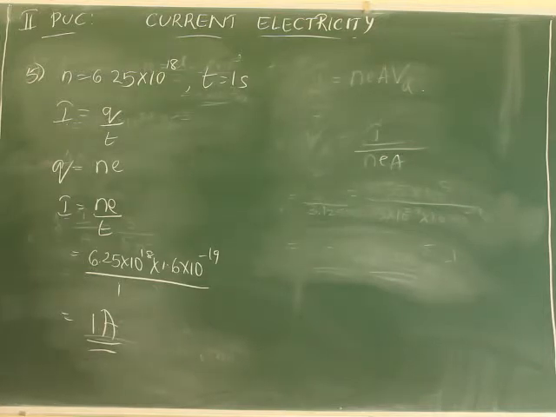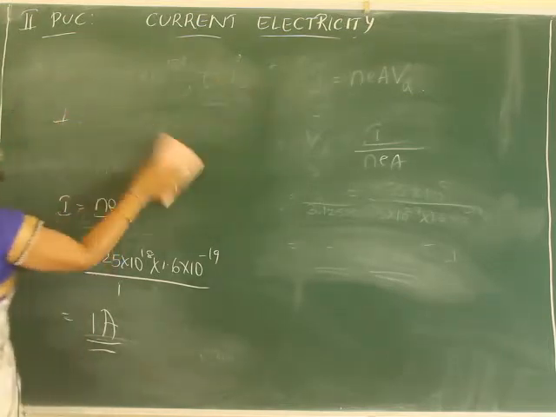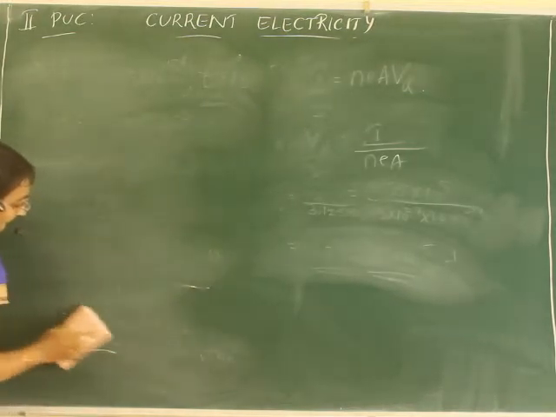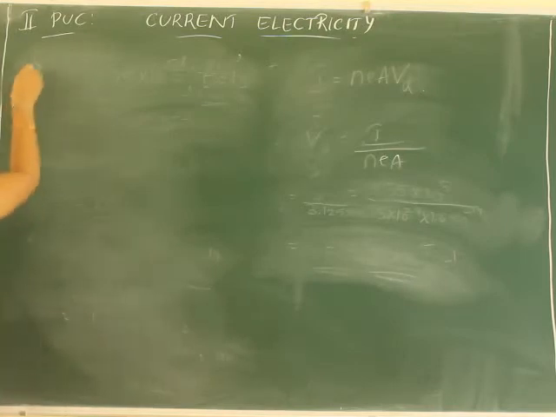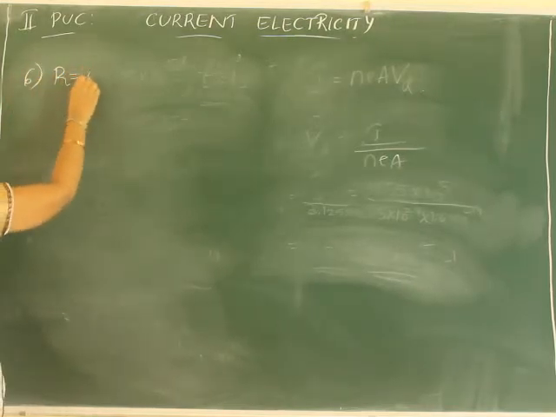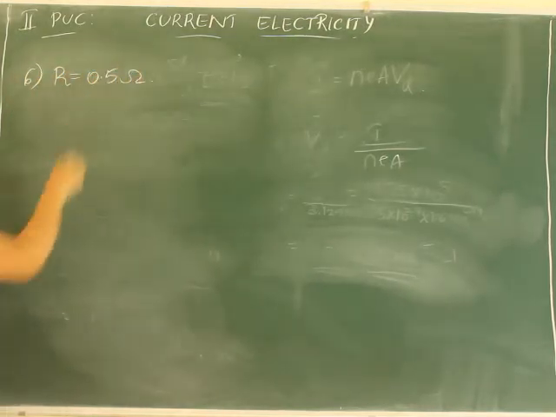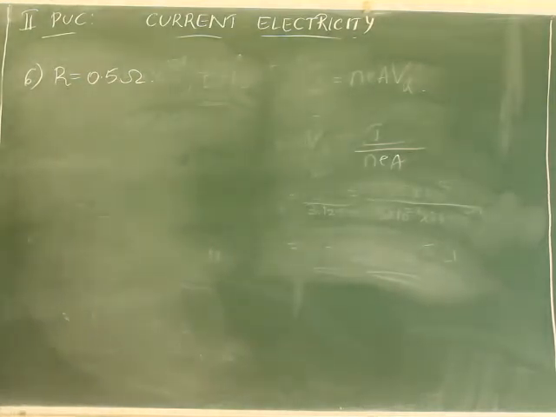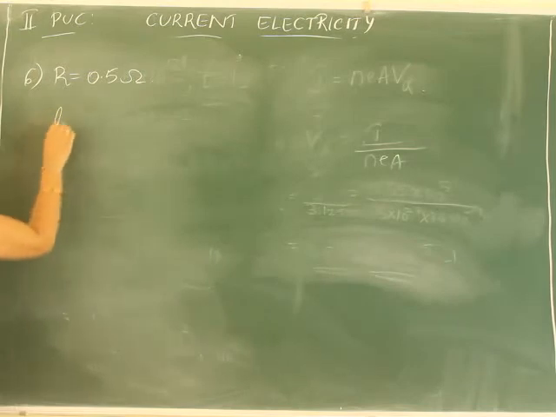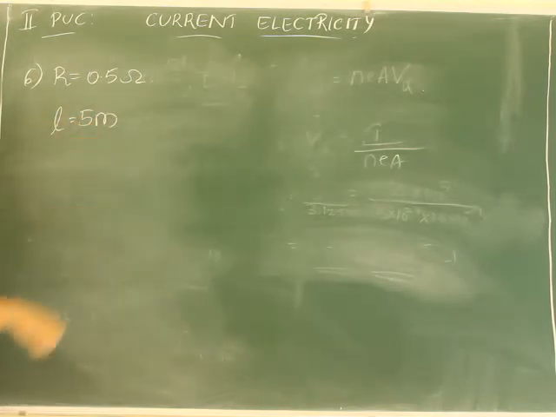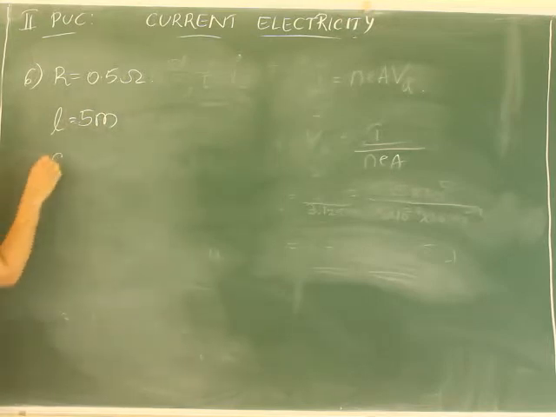Resistance of a copper wire is 0.5 ohm. Its length is 5 meter. Diameter is 0.05 centimeter.